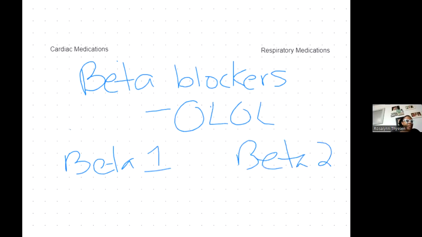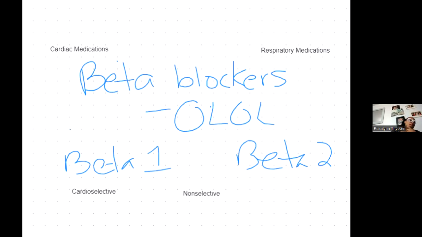Cardioselective, which means it's selecting just that beta 1. The beta 1 blockers are called cardioselective. And most other beta blockers are non-selective. Non-selective beta blockers just means that they contain beta 1 and beta 2 blockers.